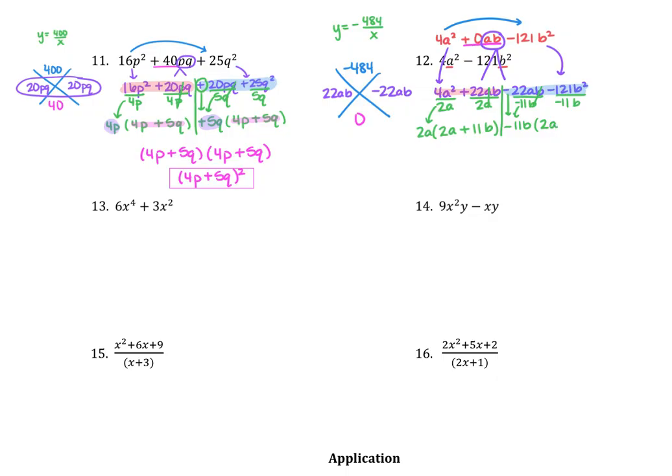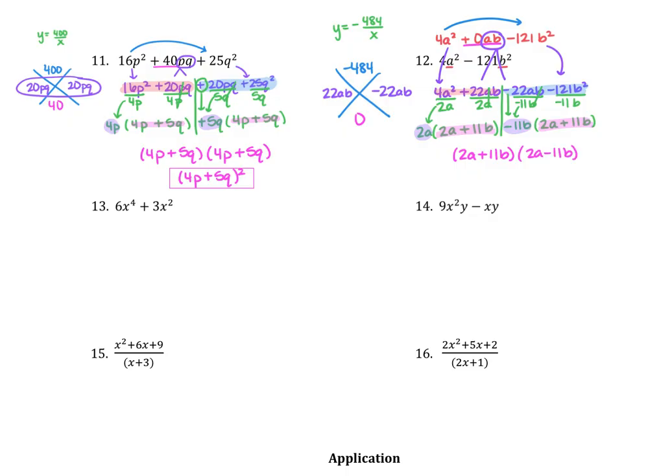Negative 121 divided by negative 11 leaves me positive 11. And if I pull a b out, I'm left with 1b. When I get here, remember, I can see that these two parentheses match. We know we've done it correctly. That's going to be my first binomial, 2a plus 11b. And then I'm going to take my leftovers, 2a minus 11b, and that's going to be my second binomial.